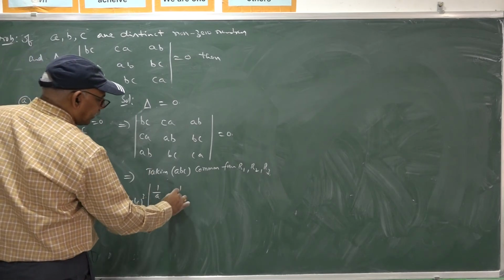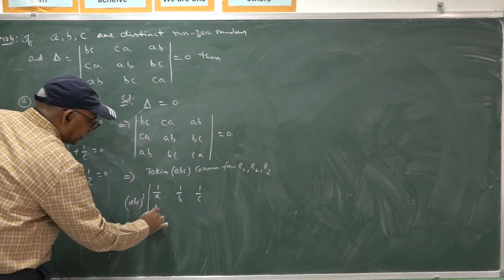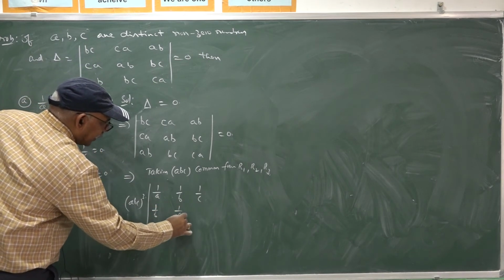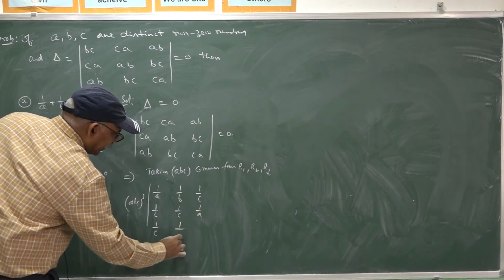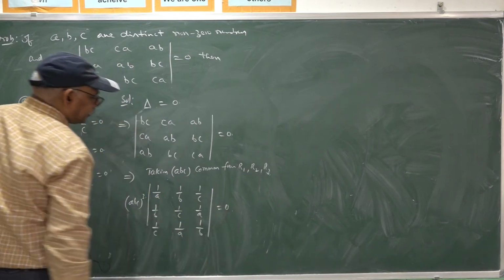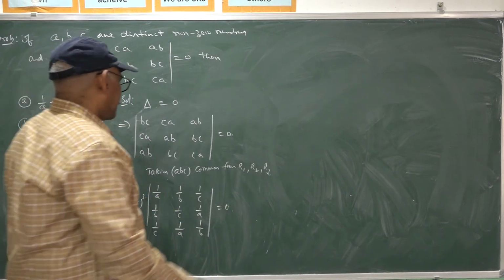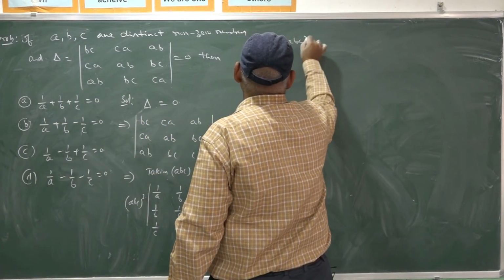It becomes 1 by A, 1 by B, 1 by C. Similarly, here 1 by B, 1 by C, 1 by A. Here 1 by C, 1 by A, 1 by B. Now that is ABC cube.